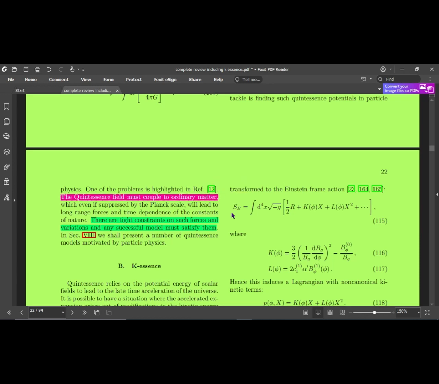It has to couple with ordinary matter, and even if suppressed by the Planck scale, this will lead to long range forces and time dependence of constants of nature. So it gives you a time dependent force and a long range force which may be greater than gravity. So there are tight constraints on such forces and variations, and any successful model must satisfy them.